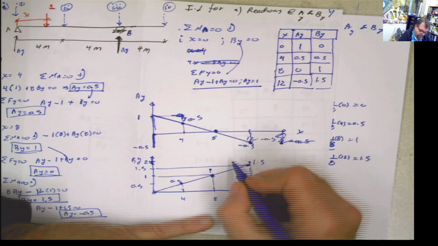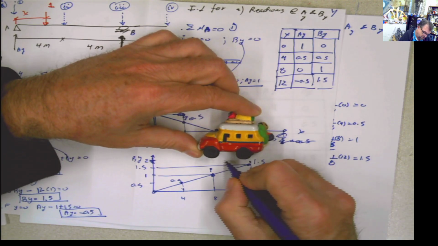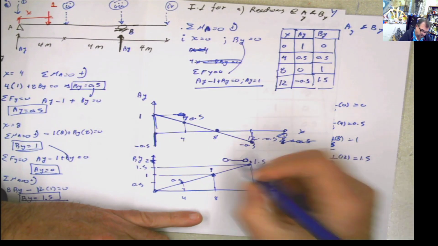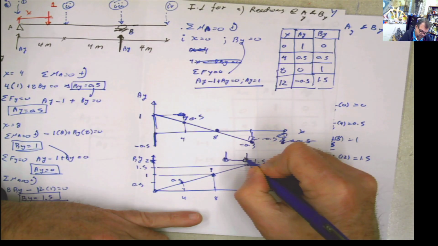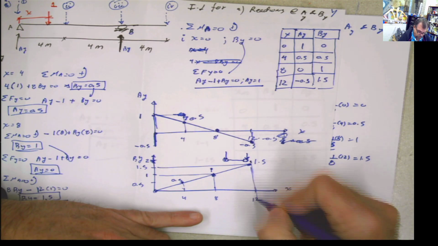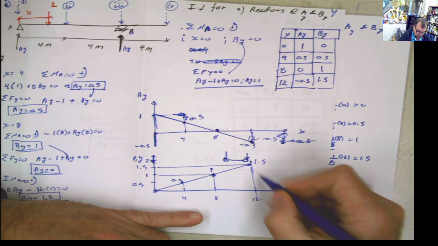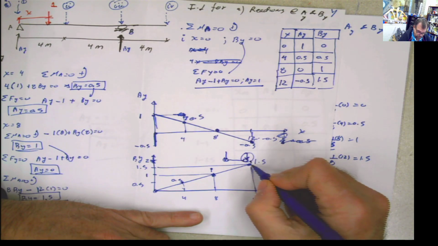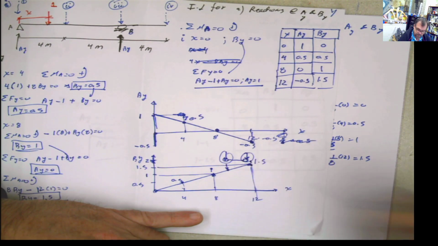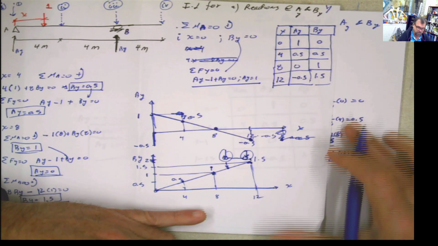And if I put a vehicle here, where you have these 2 tires, for saying something, and every tire has a particular load, the reaction at this point will be this load multiplied by 1.5 and this load multiplied by whatever value is at that point. That's the beautiful thing about the influence lines.